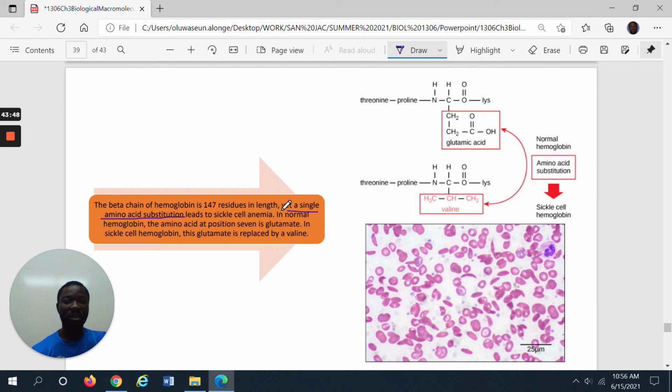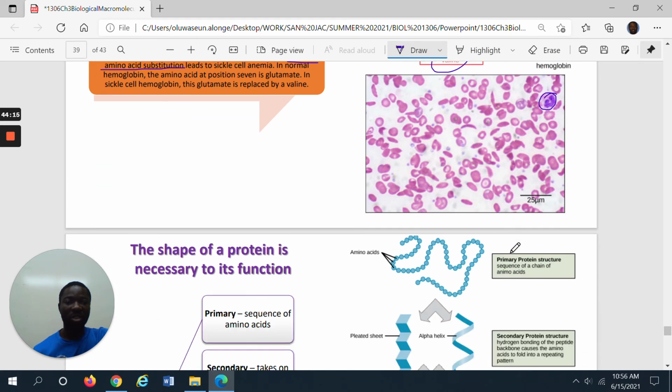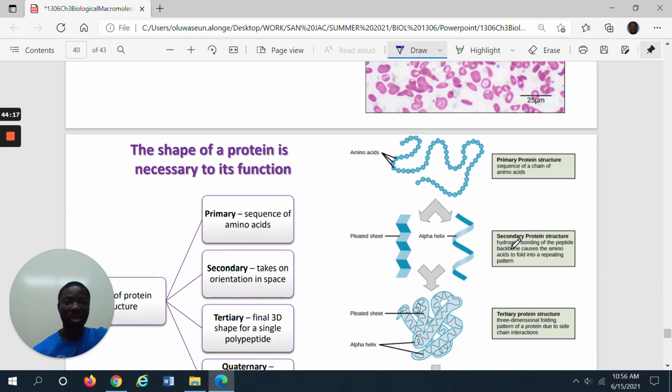You have glutamine in position 7. But in sickle cell, you have valine replacing glutamine, and that is the difference. And that affected the whole hemoglobin, and it leads to sickle cell. So that tells you how proteins are very important, with their structure determining their function.